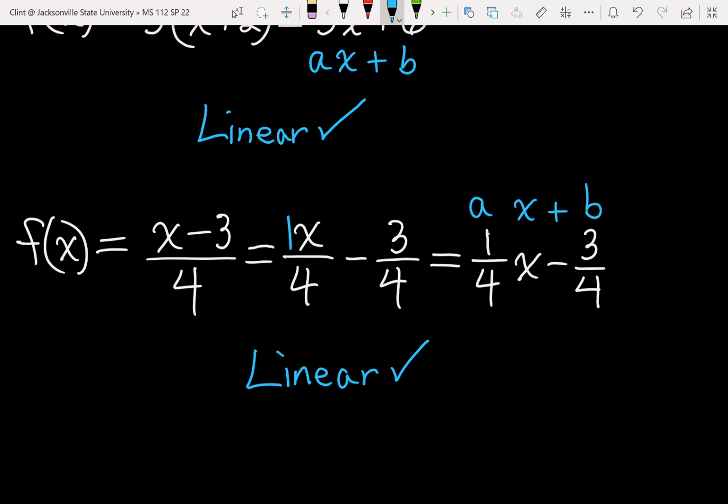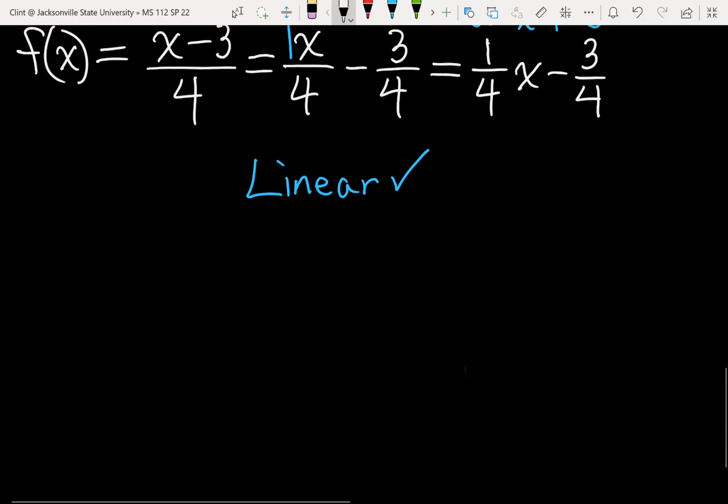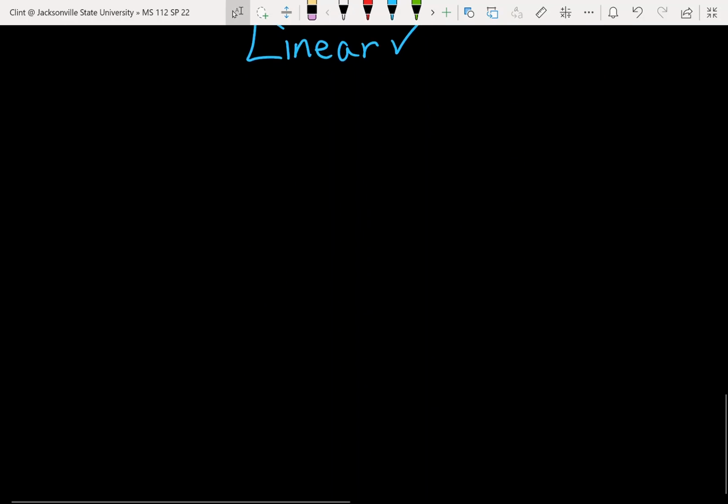Our next big goal, and we really brushed on it just a little bit, is if we have a linear function, we want to be able to produce the graph, to make the graph. And we've done that a little bit. So we're going to look at that a little bit more.